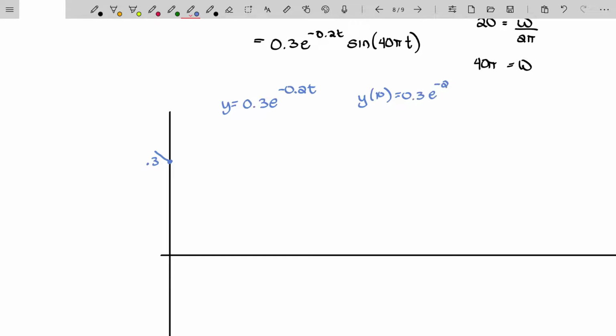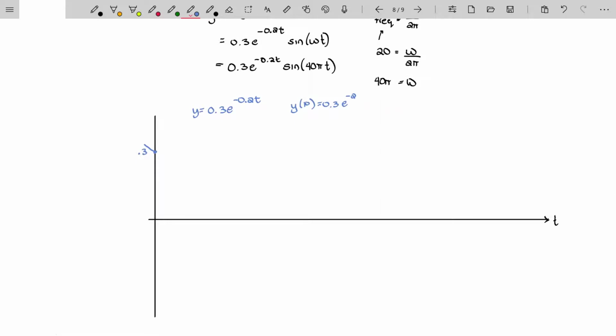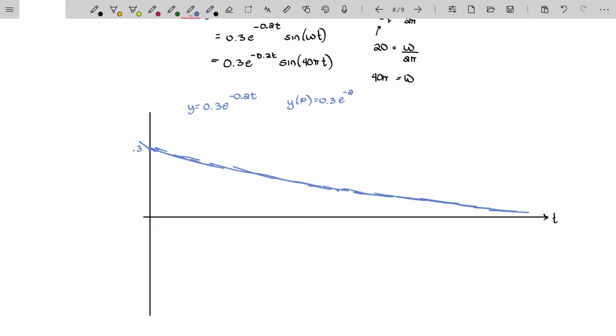Okay, so that's 10 times 0.2. And that is likely just going to be somewhat shorter. We're graphing this by hand, so this is not really very scientific, but whatever. So I tried to carefully sketch out a decreasing exponential function. It's decreasing slowly, so I don't really need to be crazy about it.